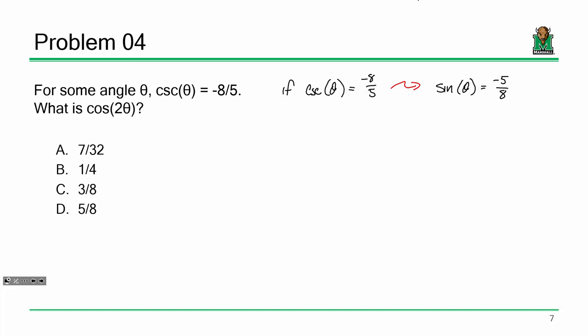Okay. Now, this is where your manual comes into play, because some of these trig identities you can remember, and some of them you should just look up. So let me ask you this. Is there a trig identity in this list that we can use to calculate this directly? We have the sine of a given angle. Can we calculate the cosine of 2 times that angle with what's on this list?